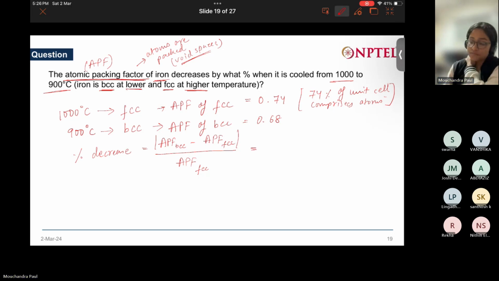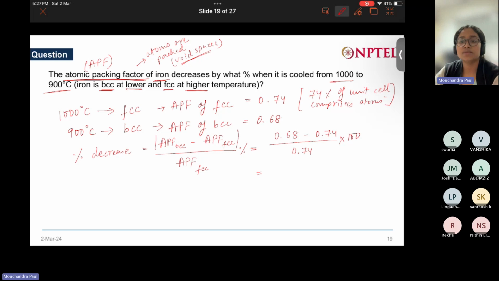So yeah, when you put in the values, I forgot to incorporate percent, which means you have to multiply with 100. So tell me what value are you getting? At the beginning of the class, I asked you guys to get a calculator. So now is the right time to use it.